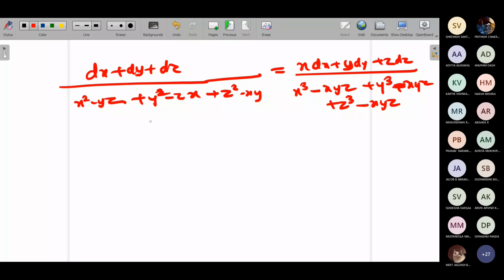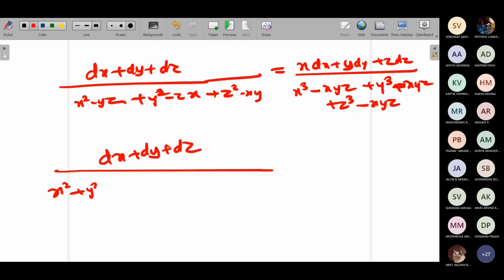So I can write this as dx plus dy plus dz divided by x square plus y square plus z square minus zx minus yz minus xy. This is the other term.